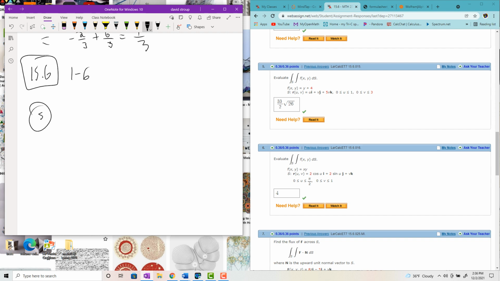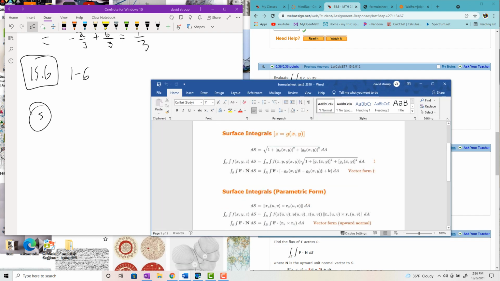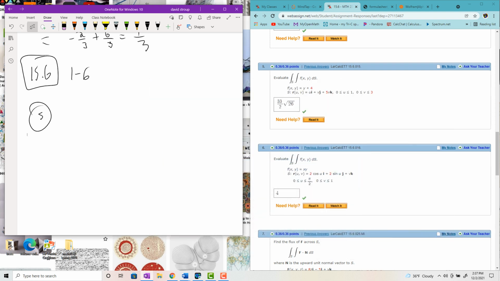And this is the parametric form, so you're going to need the magnitude of the cross product of r_u and r_v. So if you remember on the form, it's either going to be a normal vector, which is a gradient kind of thing, if it's z equals g of xy, or it's going to be a magnitude of the cross product if it's parametric form, like in this problem.